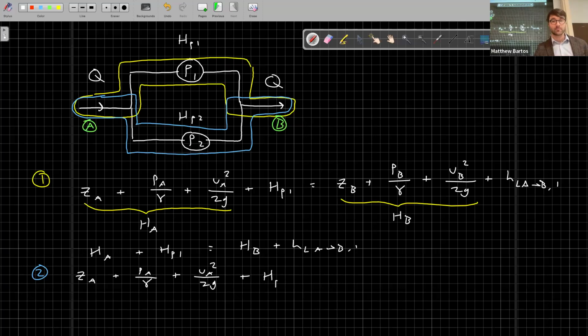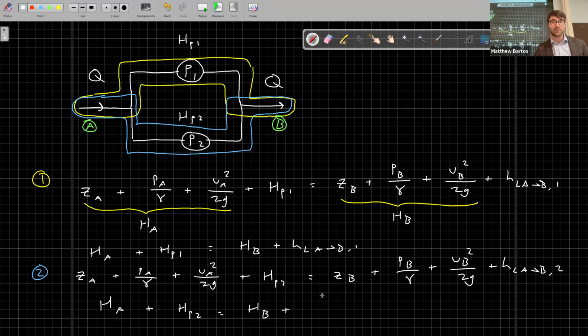HP2 is equal to ZB plus PB over gamma plus UB squared over 2g plus the head loss from A to B over path 2. So this becomes HA plus HP2 is equal to HB plus the head loss from A to B over path 2.